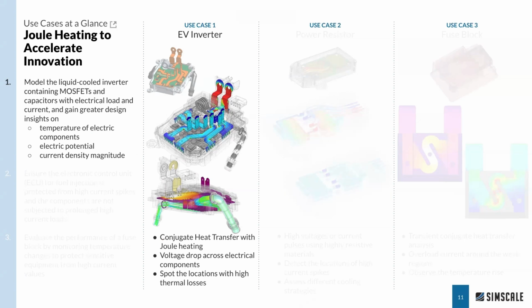Now let's start with the inverter design. Joule heating simulation can inform the users, designers and engineers about the temperature of electric components, the electric potential, and also the magnitude of current density from the early stages of the design.